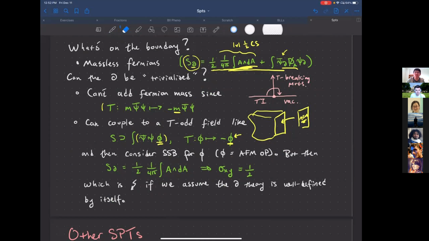But if this psi is a Dirac fermion with a mass term, so that'll produce some... but you only have one. So how many flavors do you have? I guess I just want one flavor.